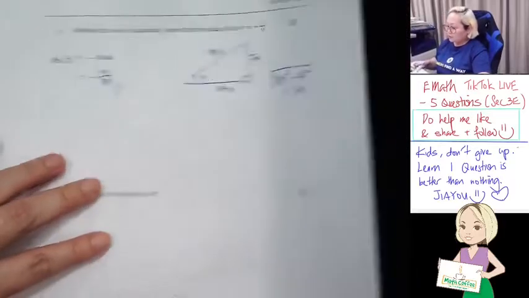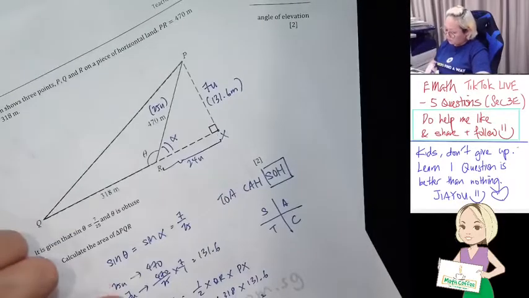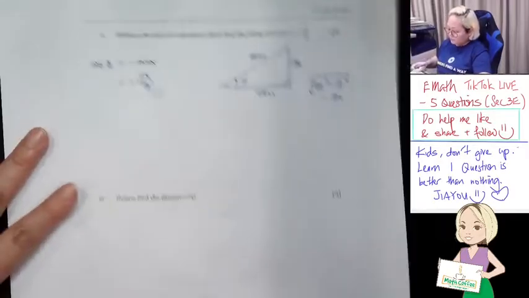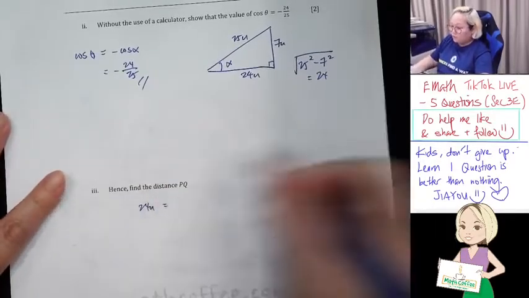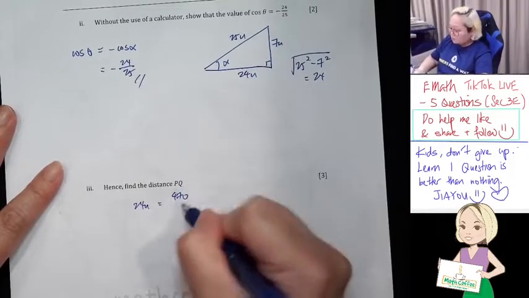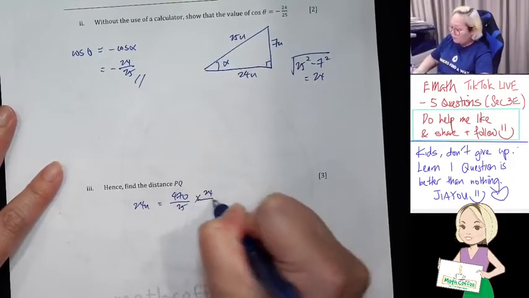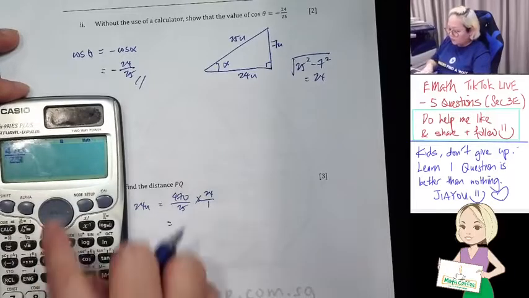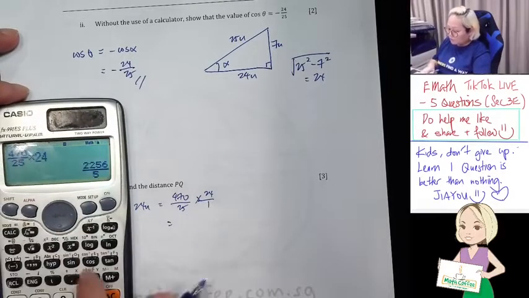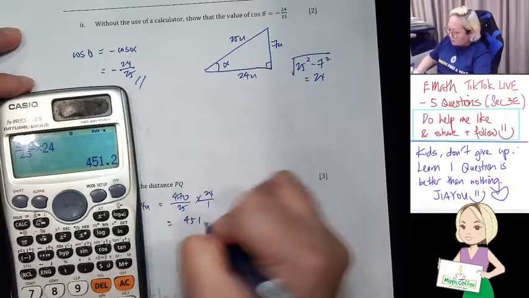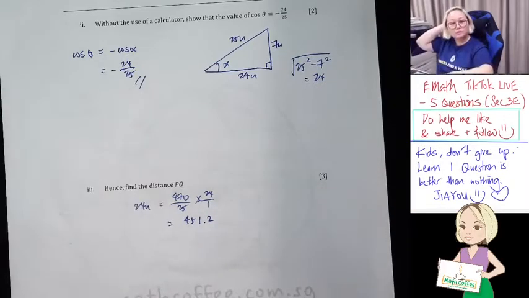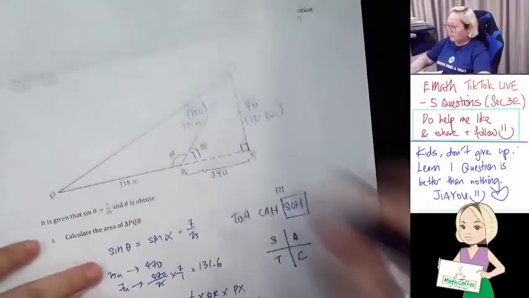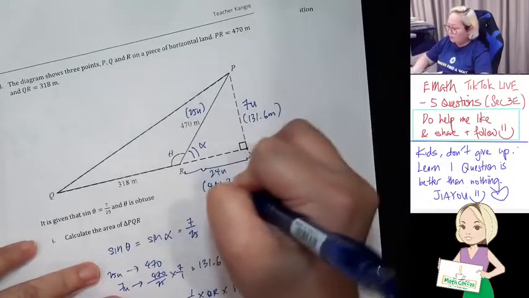So let's find out what is 24 units. 24 units is 470 divided by 25, so 24 units is equal to 470 over 25 times 24. So you will get 451.2 meters. Here will be 451.2 meters.